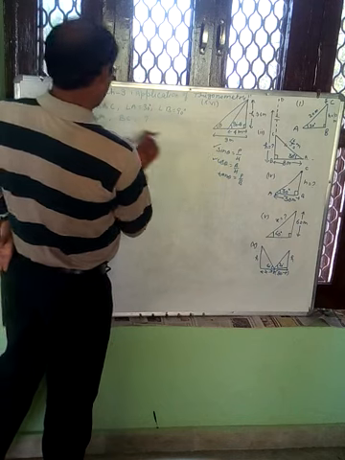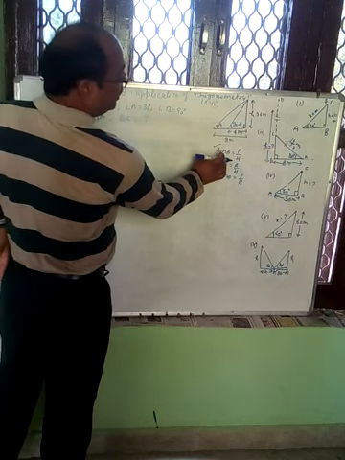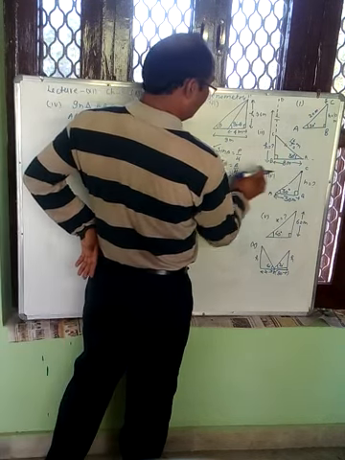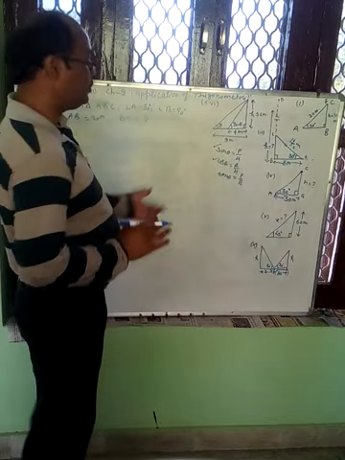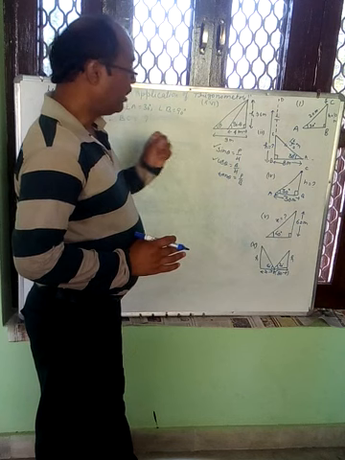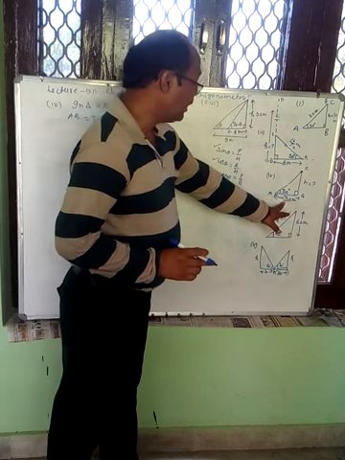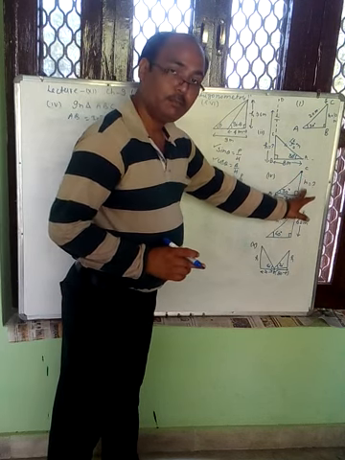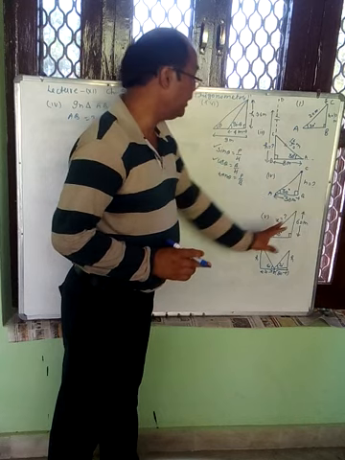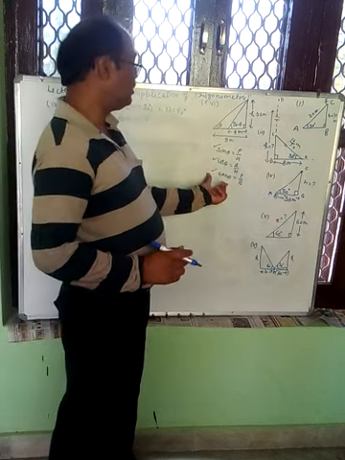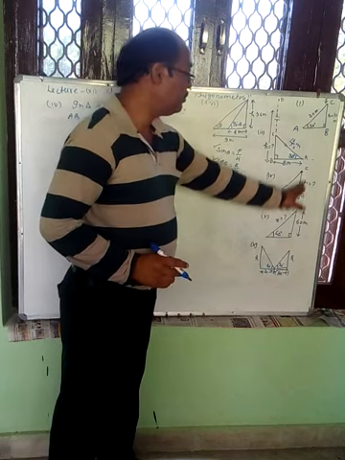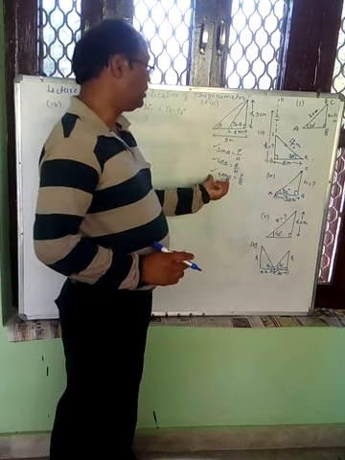Okay, now we know sin theta, cos theta or tan theta, any one we can use here. But the base is given and we have to find the height, so this is the appropriate condition. Perpendicular upon base is tan theta.